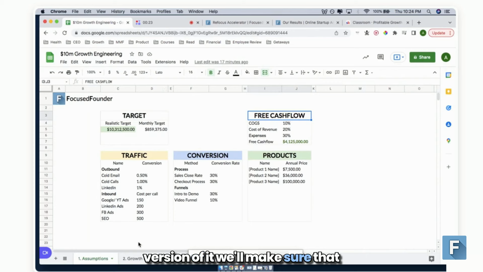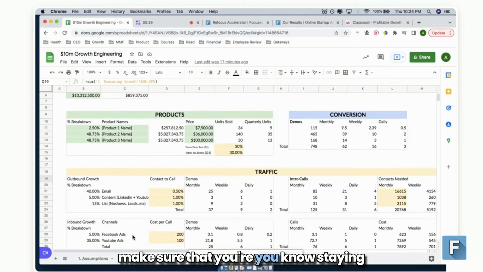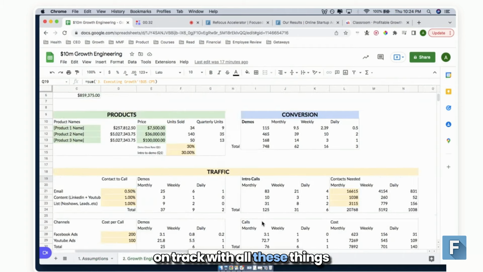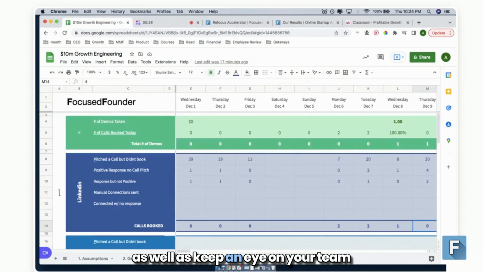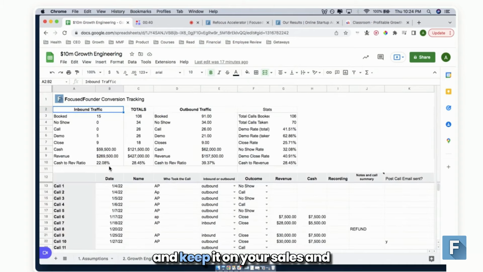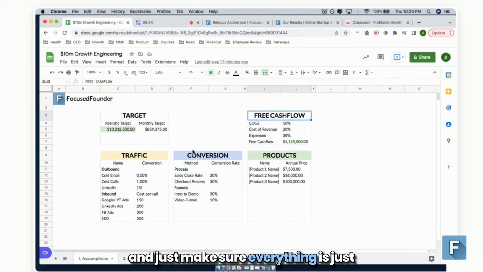And we'll make sure that, one, all your assumptions are right, and we're going to test the right assumptions, and then make sure that you're staying on track with all these things, measuring actuals versus goals, as well as keeping an eye on your team, and your sales and conversions, and just making sure everything's going step by step throughout the year.